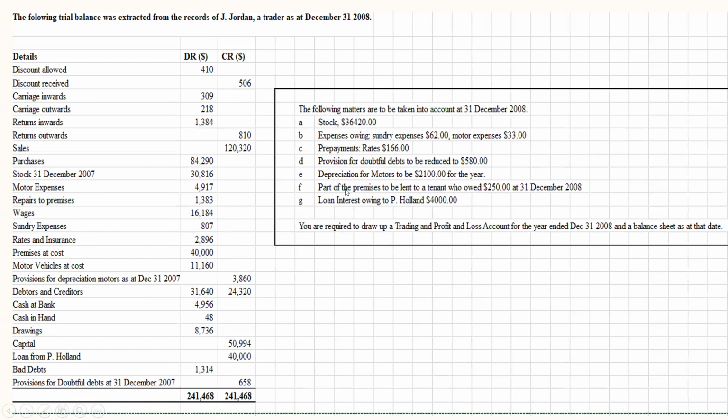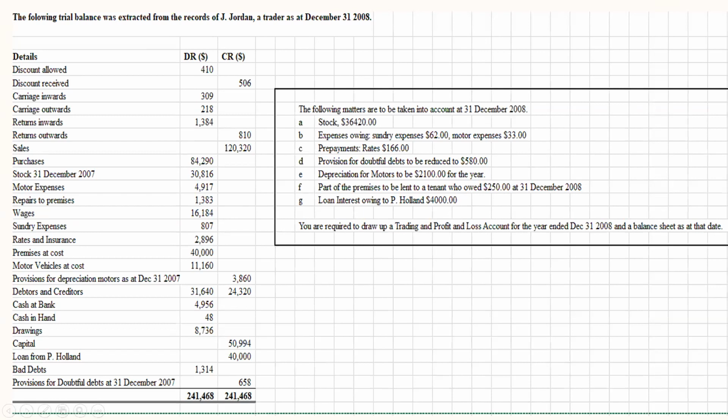Part F is saying part of the premises to be lent to a tenant who owed $250. We could keep that out for a while, but I want us to look at G because I know class is going to finish in a bit.